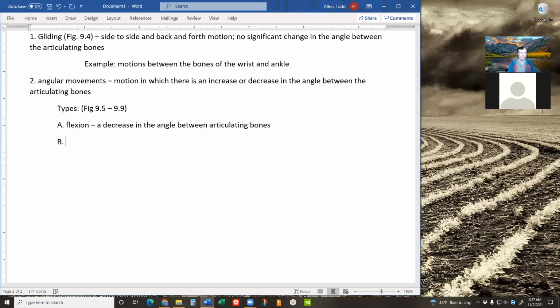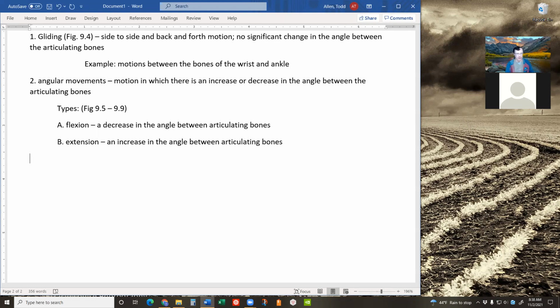The opposing action: if I start with an elbow at a 90-degree angle, and I relax my biceps brachii and contract my triceps brachii, I would lower the palms of my hands. So here's extension. Extension is an increase in the angle between articulating bones.